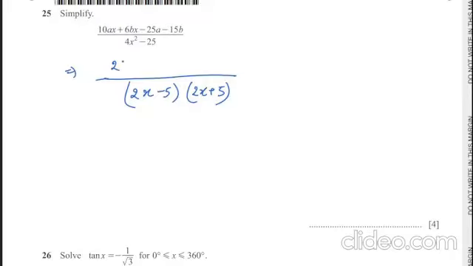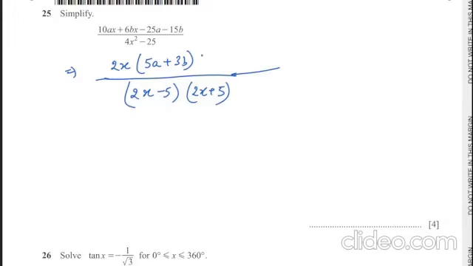Let's move to the next question, 25th. Factorizing the numerator and denominator. Here the denominator will be 2x minus 5, a minus b whole square, a square minus b square identity is applied. In this we first see what we can take common. In the first two terms, 2 we can take common, and x, we will be left with 5a plus 3b.